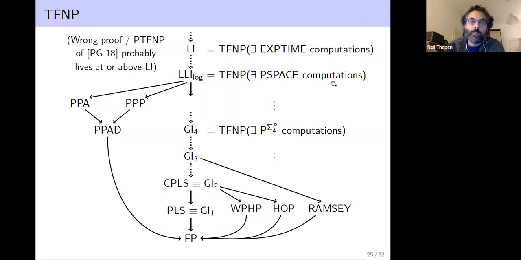And this one says that every p-space machine has a computation. And this one says that every machine in the polynomial hierarchy, at different levels, has a computation. So you can see these as some sort of shadow in between P and NP of all these stronger principles.